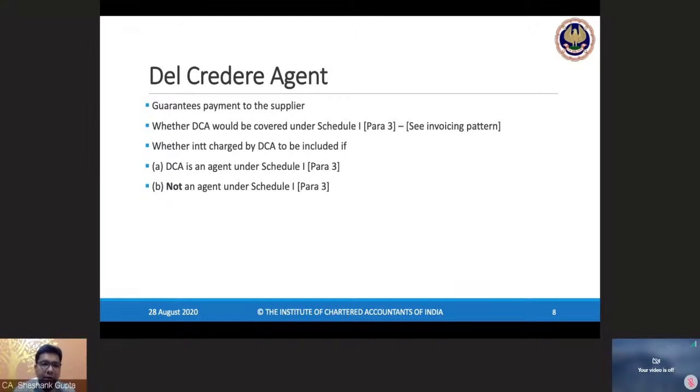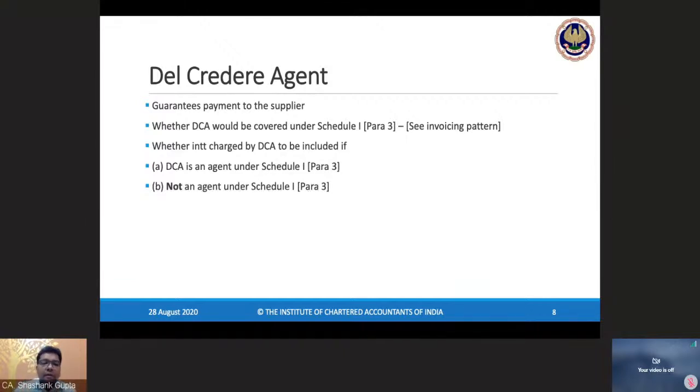He gets me buyers. I sell stock worth 1 crore rupees. Now I receive 95 lakh rupees against that sale, but one person to whom I had made a sale of 5 lakh rupees runs away. Now, how much have I lost? 5 lakh rupees. I had supplied the goods, but I couldn't recover.